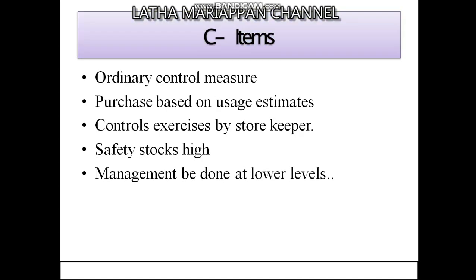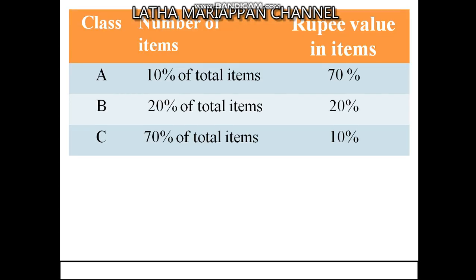C items: ordinary control measures, purchase based on usage estimates, controls exercised by the storekeeper, safety stock high, and management done at lower level. These are all the categories.